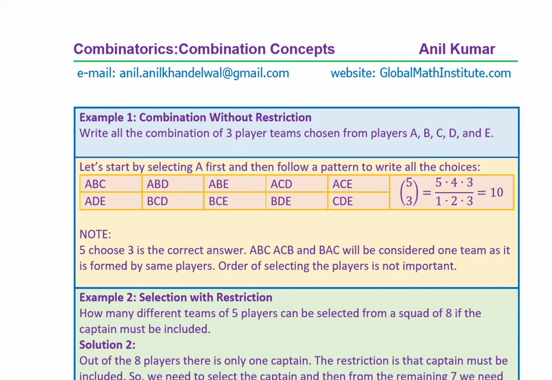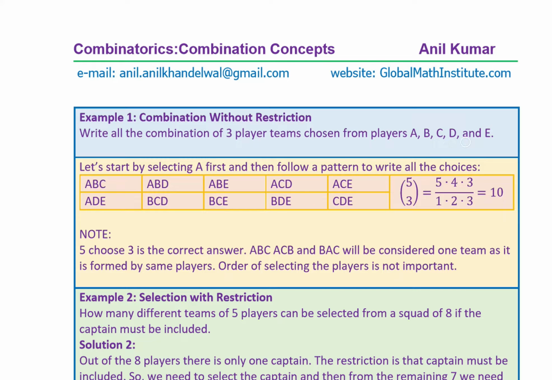Now let's take up an example to understand it even further. Example 1. It's a combination case without any restriction, straightforward, and we would write all combinations of 3-player teams chosen from players A, B, C, D, and E. So every team will have 3 players, and we're going to select these players from these 5 players.